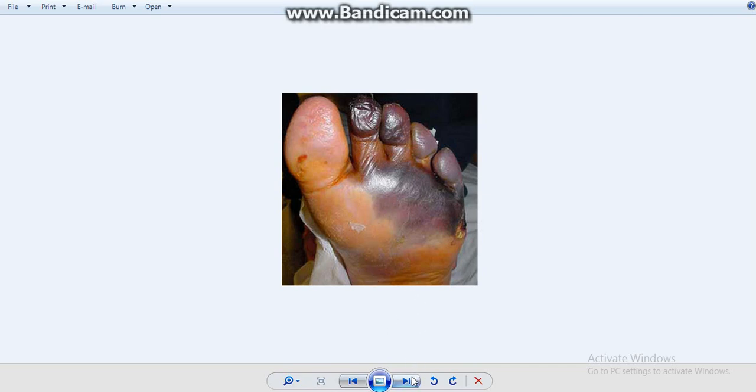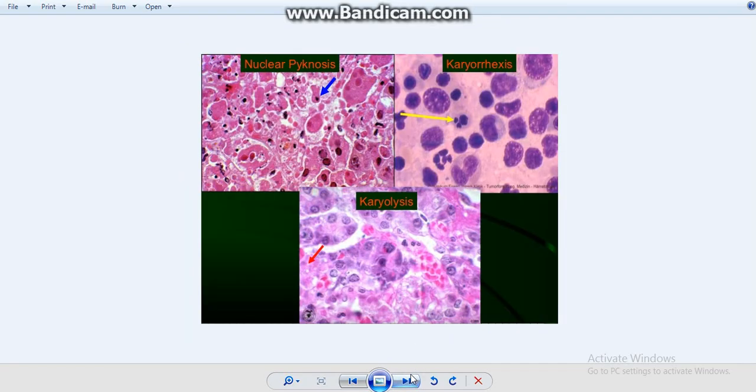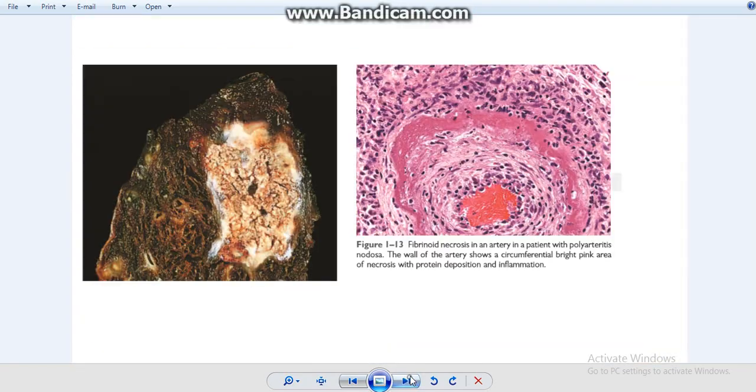Another type of necrosis is caseous necrosis. In caseous necrosis, it is basically coagulative necrosis plus liquefactive necrosis. It occurs in fungal infections, and of course the main thing it occurs in is tuberculosis.